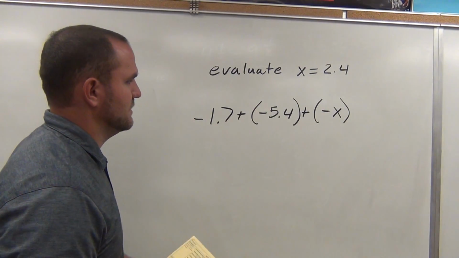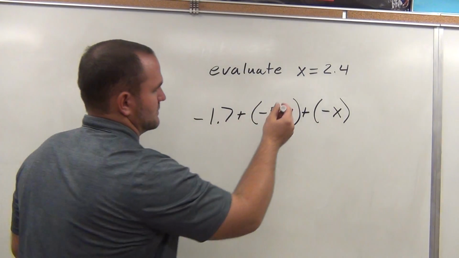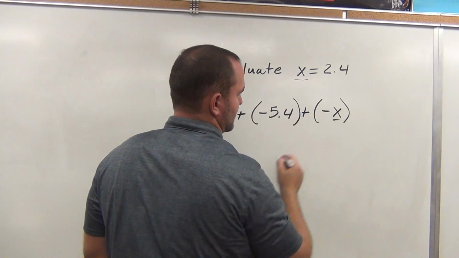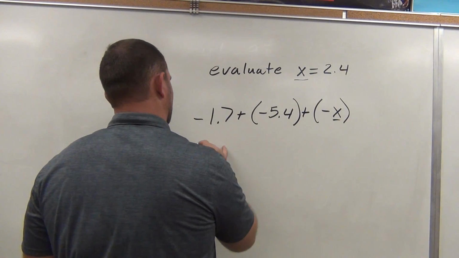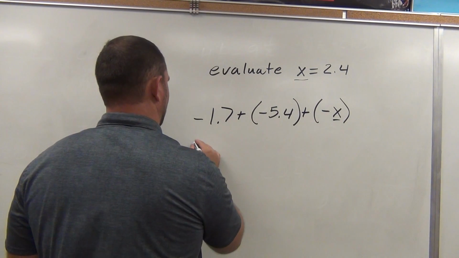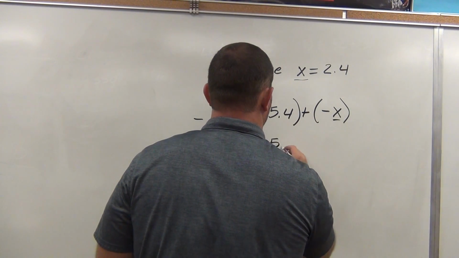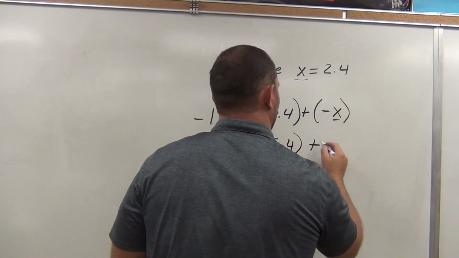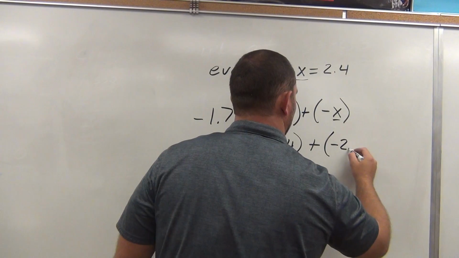Let's walk through this one. First of all, we need to take our x and substitute in that number. So negative 1.7 plus negative 5.4 plus negative 2.4.